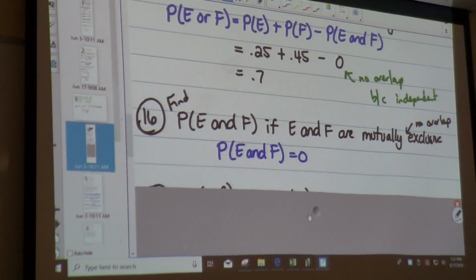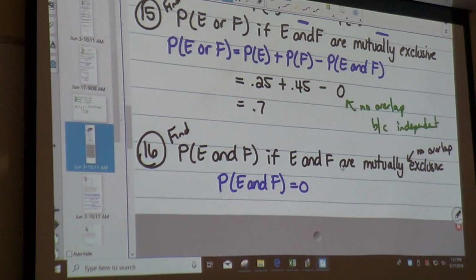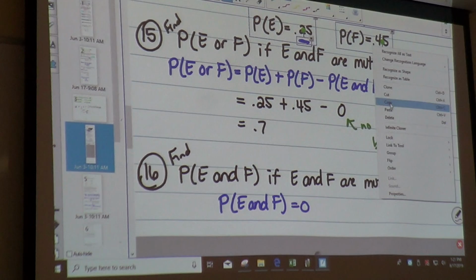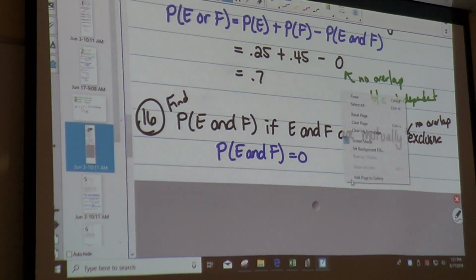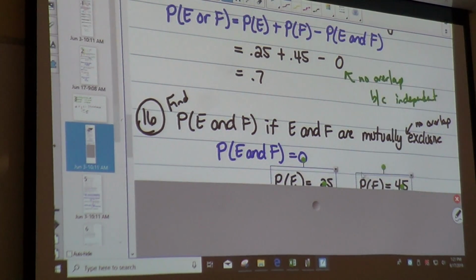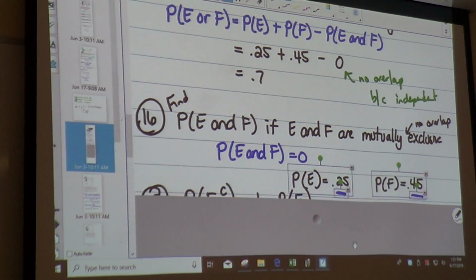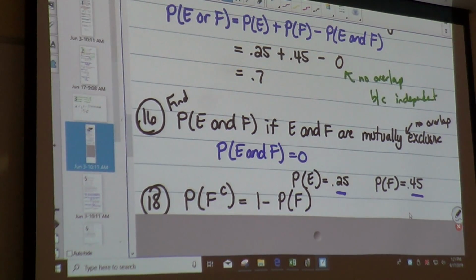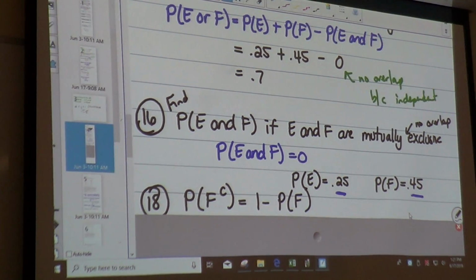All right. Let me grab these two again. Copy. And paste. Find the complement of F. If F is 0.45, what is its complement?